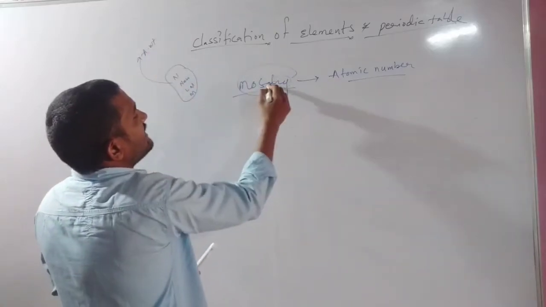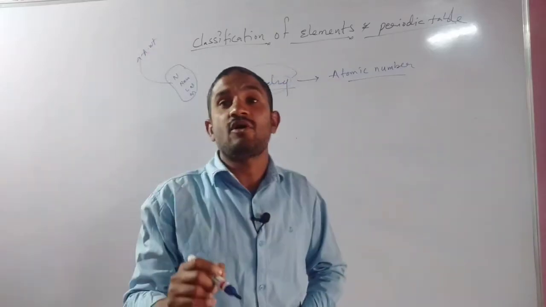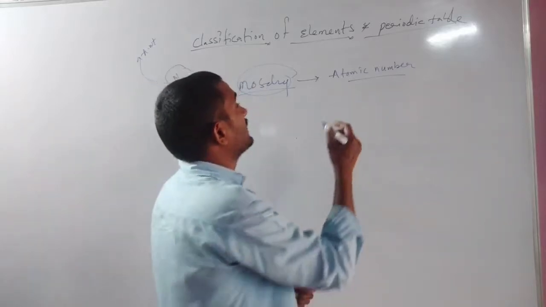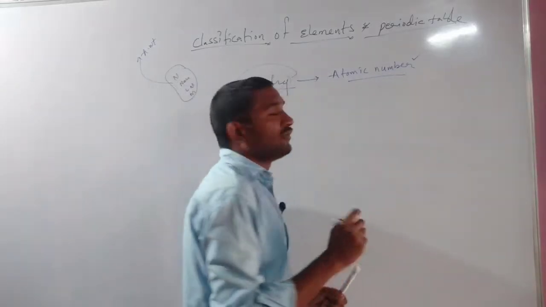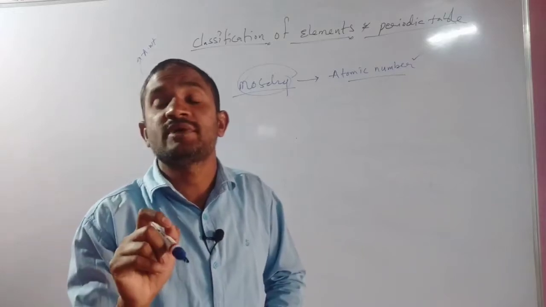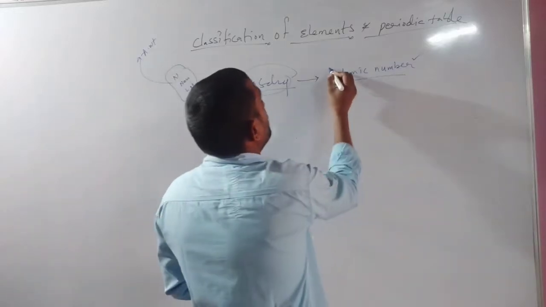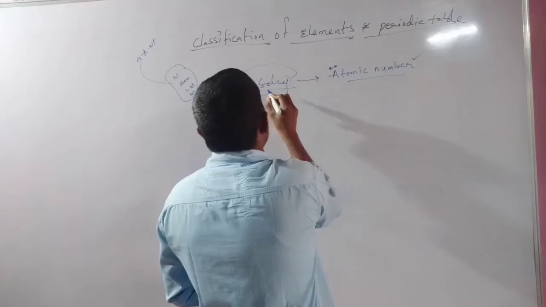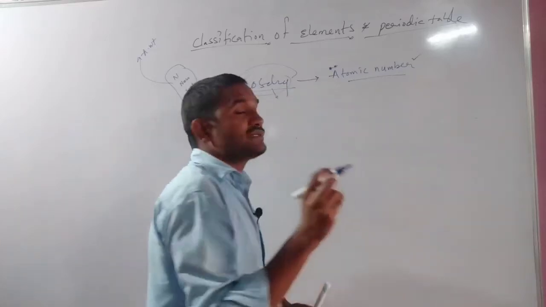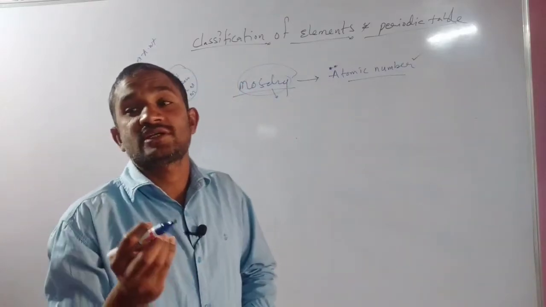Only Moseley classified the elements on the basis of atomic number, and he gave the clear picture of the classification of elements.